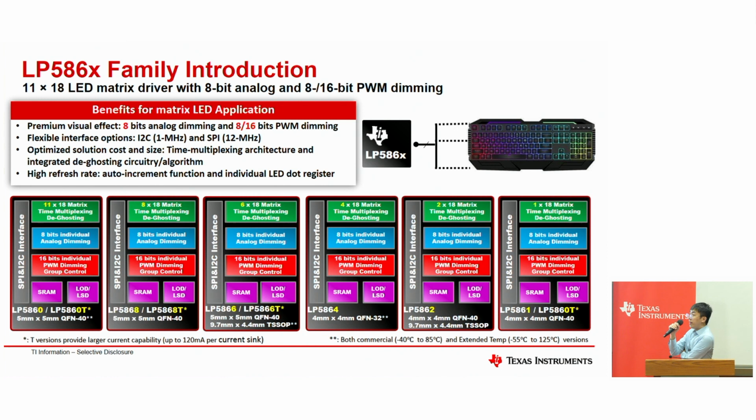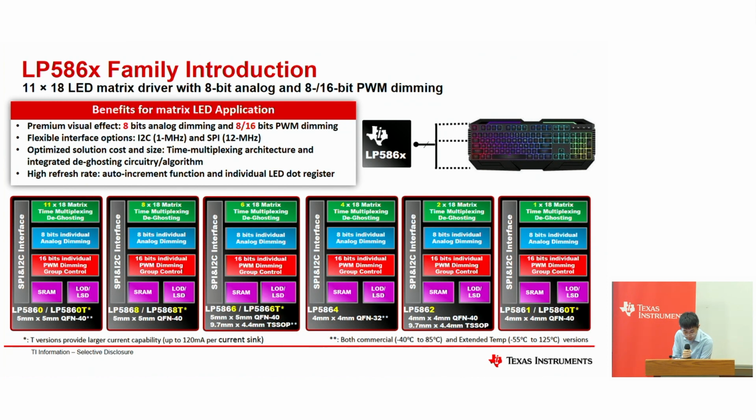Another thing that I want to talk through is the matrix driver. We have a typical picture here of an RGB mechanical keyboard. I'm illustrating this because we have a new T version family that can support a higher current output.